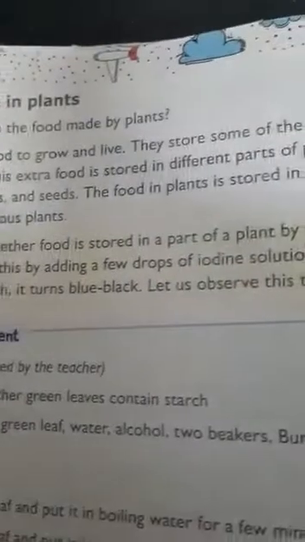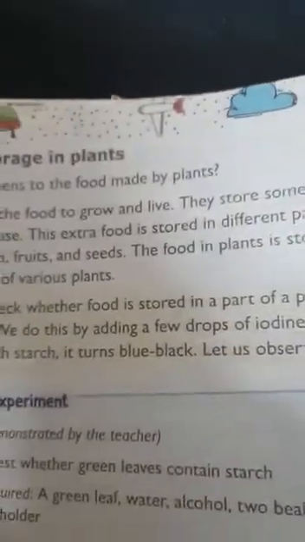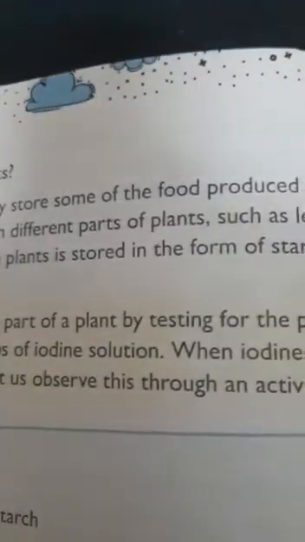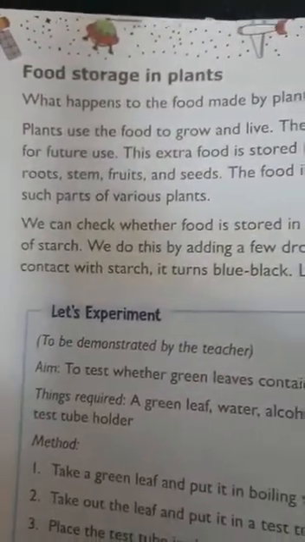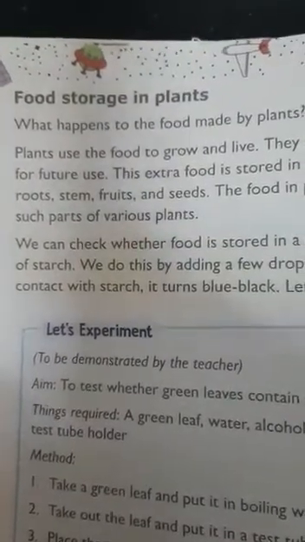This extra food is stored in different parts of plants, such as leaves, roots, stem, fruits, and seeds. The food in plants is stored in the form of starch. We eat such parts of various plants. See, children, in a plant, every part of the plant will not be edible.